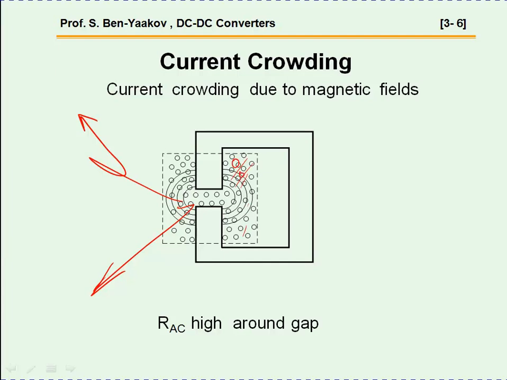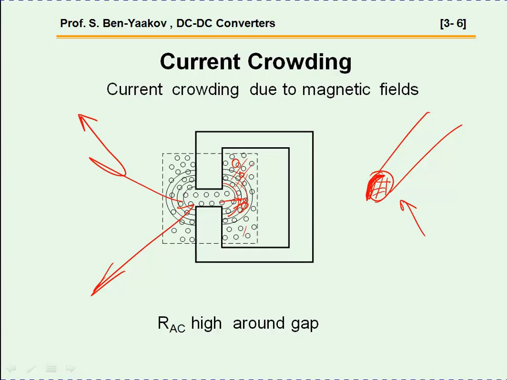Another problem is that if there is a winding, like I'm showing here sort of a cross-section of a winding, near the gap, the strong magnetic field surrounding this gap will cause a crowding of the current. That is, if you have a wire which carries charges and you impose a magnetic field on it, then the current will sort of concentrate in one area.